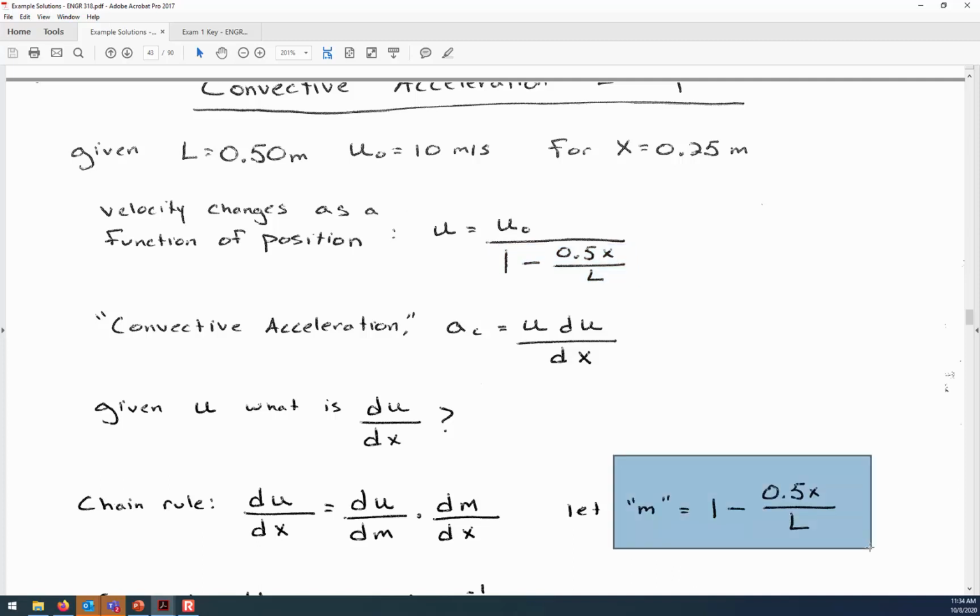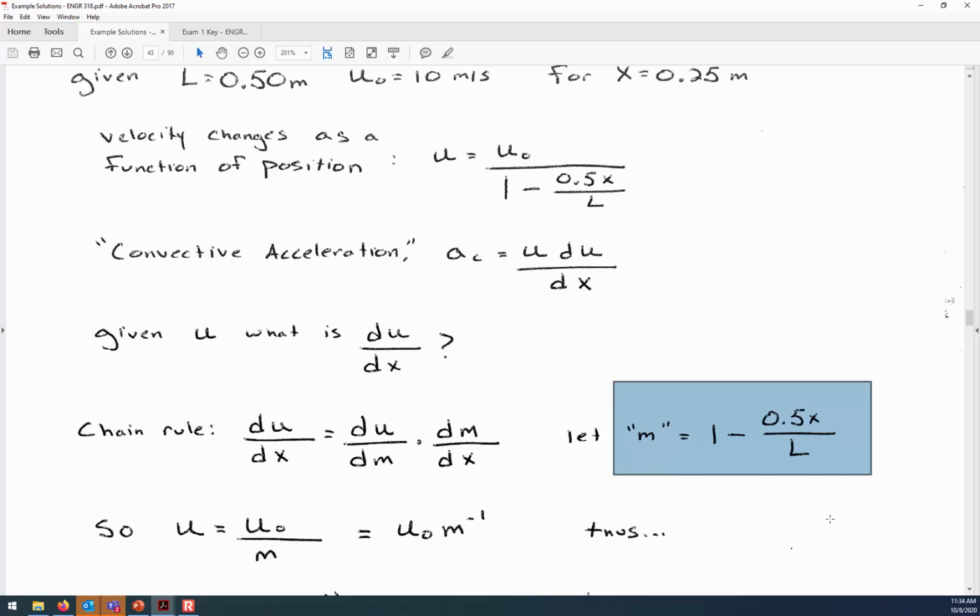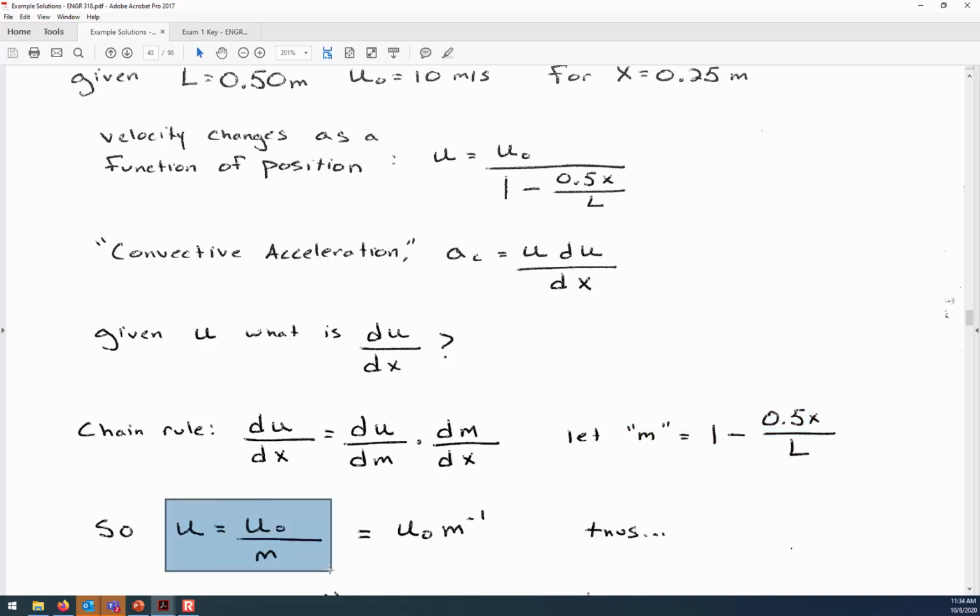I'm going to let m be what's in the denominator of our velocity equation. So if we rearrange the equation for velocity, what we're saying is the velocity is the initial velocity divided by our new pseudo variable m. And the other way that we can express that, of course, is if you're dividing by m, that's the same thing as m to the minus 1 power.